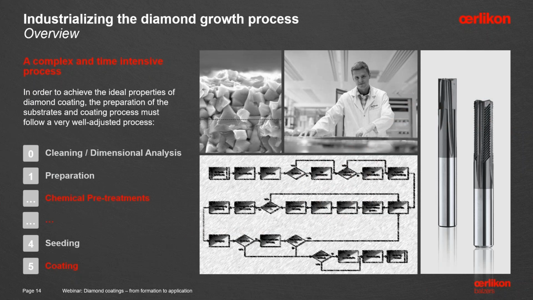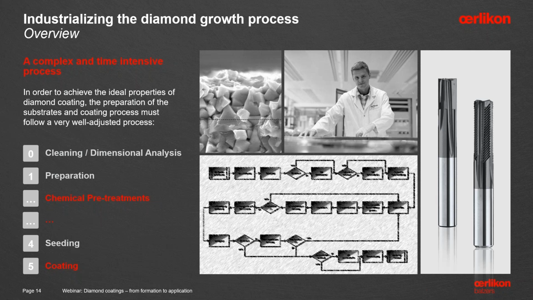Industrially, in order to do so, we will also follow a relative complex path. So the example you see, or the graph you see in the middle, that's actually an extract of a real application. So you see it's quite a complex process with many steps. And the summary on the left, you see there is, of course, the cleaning and analysis when it comes to us.